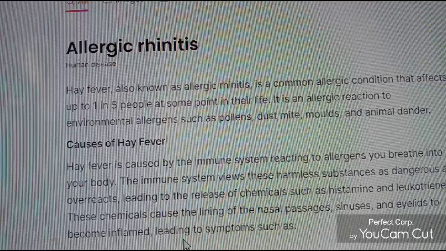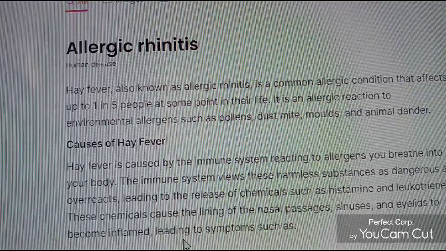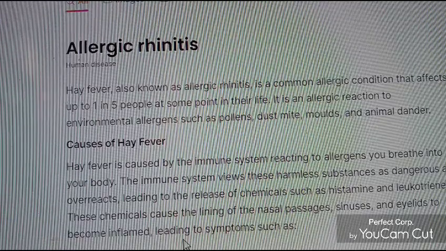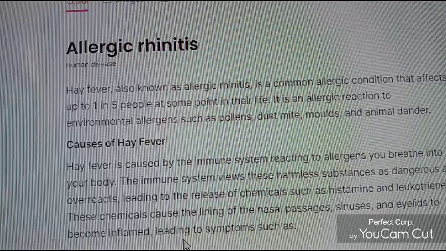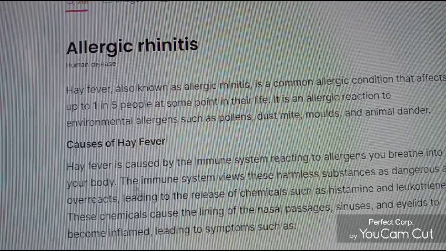So only when we talk about hay fever, in hay fever, this is allergy towards plant protein, pollen, and most likely it is going to be experienced through affecting breathing passages. So what do we have here?